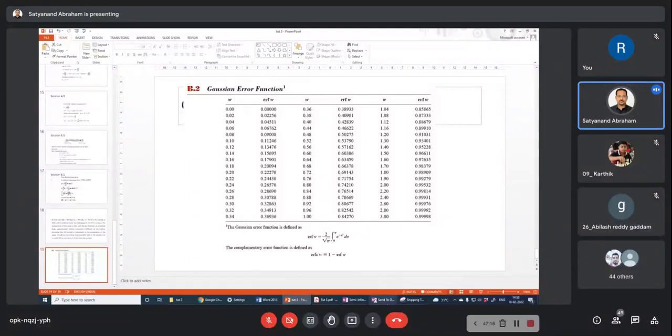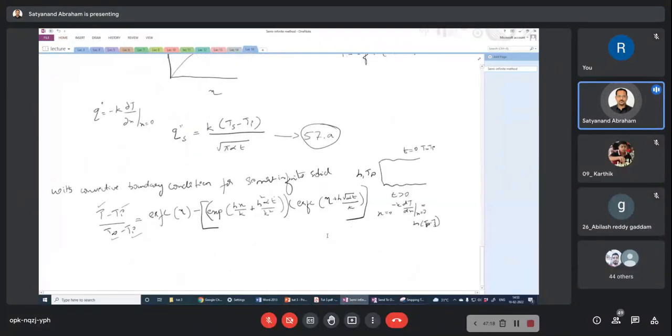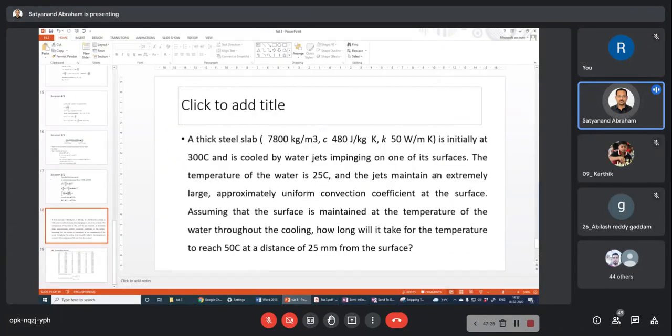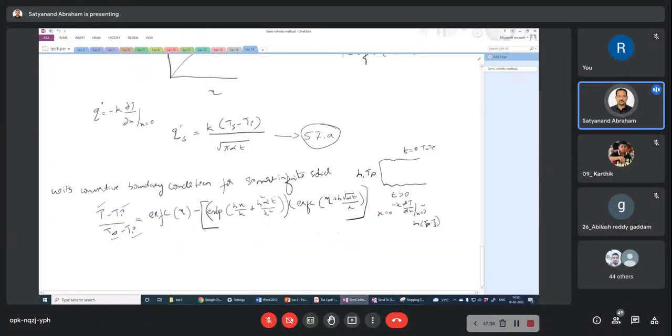Here we have also been given the convective boundary condition. In this particular question, if instead of a very large convective heat transfer coefficient, it is given as a particular value, then you should use this particular equation.